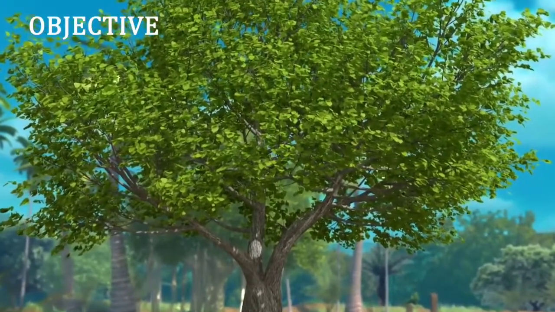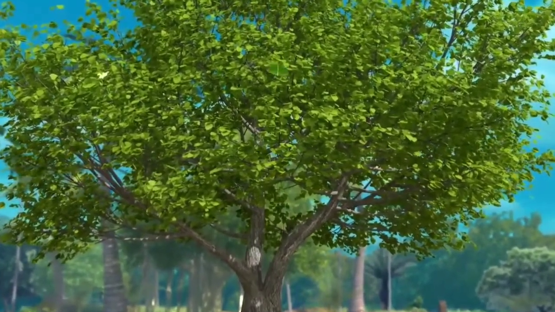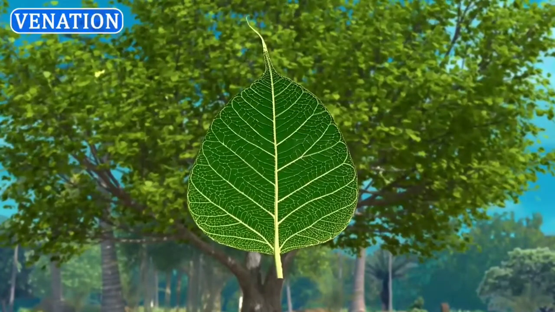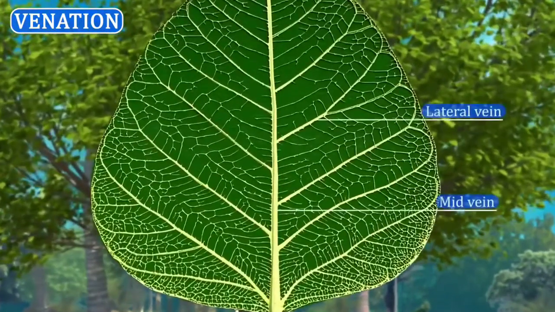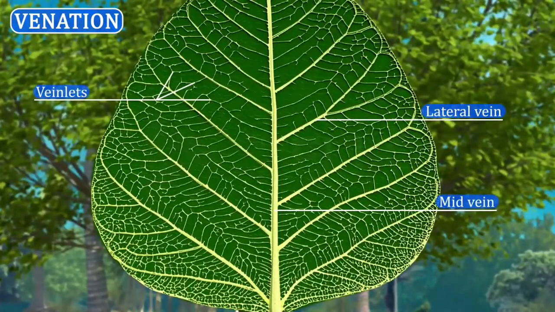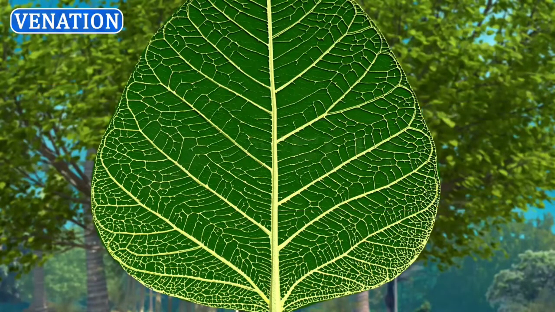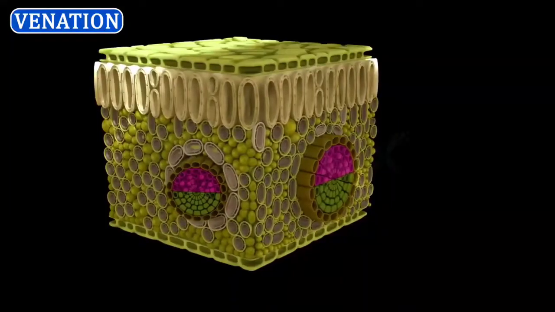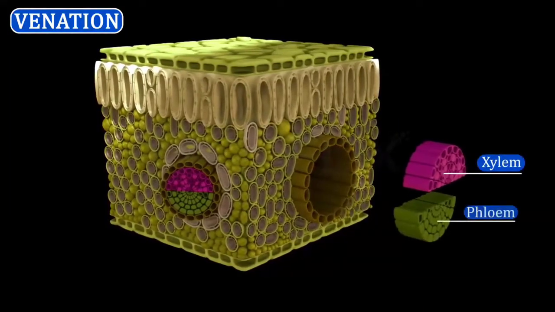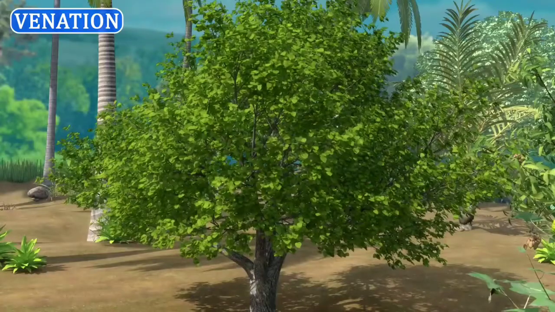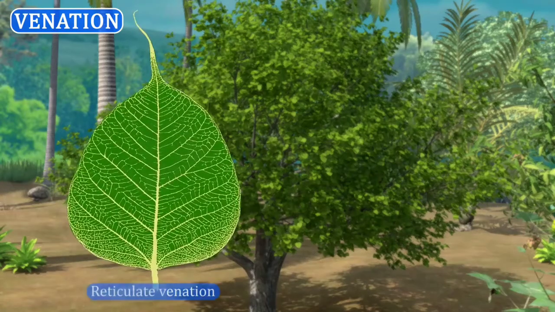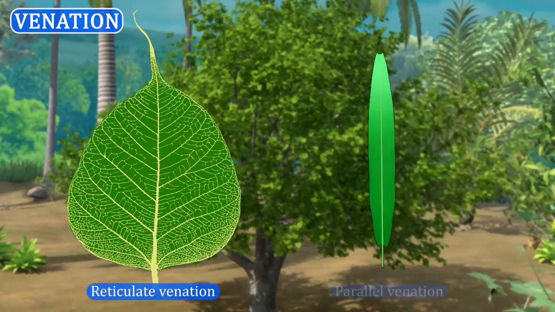Objective: to study about the venation. The arrangement of veins and veinlets in the lamina of leaf is termed as venation. Veins are made up of vascular tissues like xylem and phloem. In angiosperms, venation is of two types: reticulate venation and parallel venation.